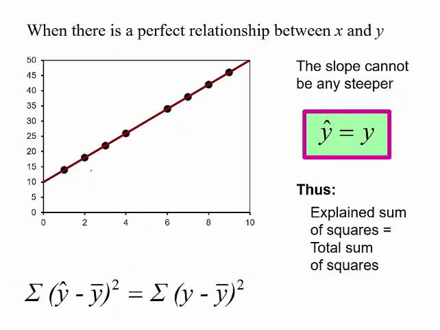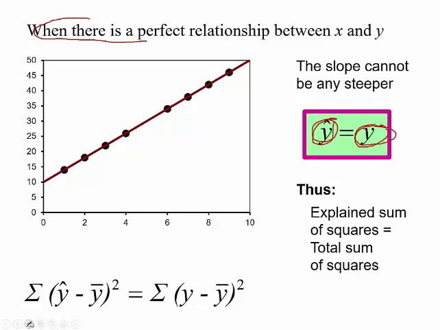Let's see exactly what happens to our explained variance when I have a perfect positive correlation between x and y. If I have a perfect positive correlation, that means my y hat is the same as your observed y. What you actually got in y is what we predict, because that's what a perfect positive relationship means. It means that if I know your score on x, I can perfectly predict your score on y.